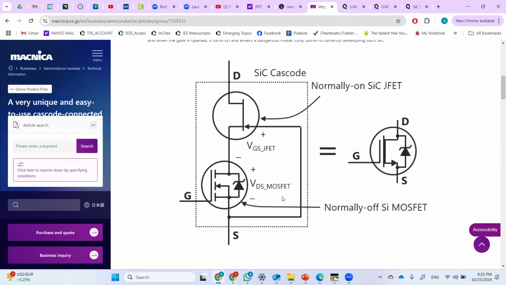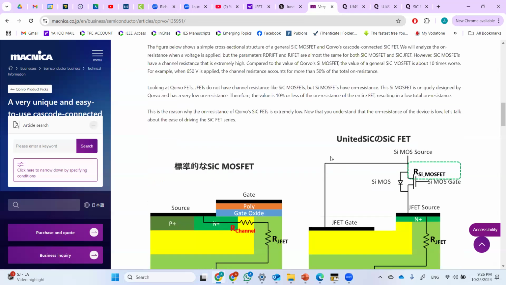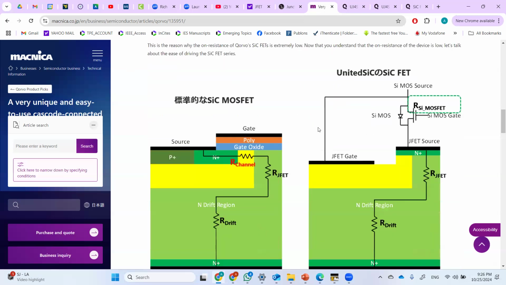Both of them together will be 700 volt, and it will work as a completely normally off switch, which is required a lot in industry. This is called cascode, or sometimes they call it combo. So we have JFET and MOSFET in series connected together in a single package. Okay, so this is called cascode technology.